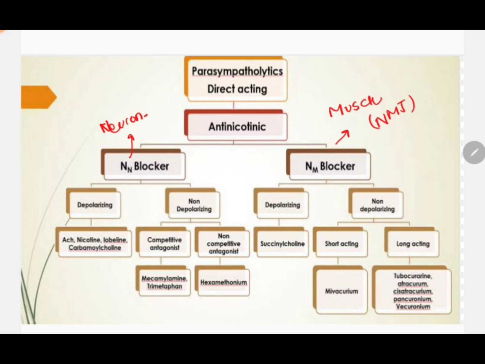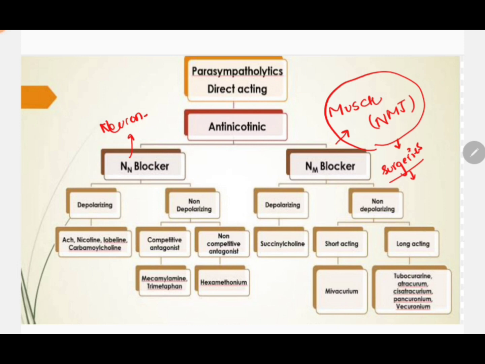This class is very important, as these drugs are used as neuromuscular blockers in surgeries. We use these drugs very widely when we need neuromuscular blockade or when we want to paralyze the patient. In the depolarizing class, we have succinylcholine, and in the non-depolarizing class, we have the curium drugs: atracurium, cisatracurium, pancuronium, and vecuronium.